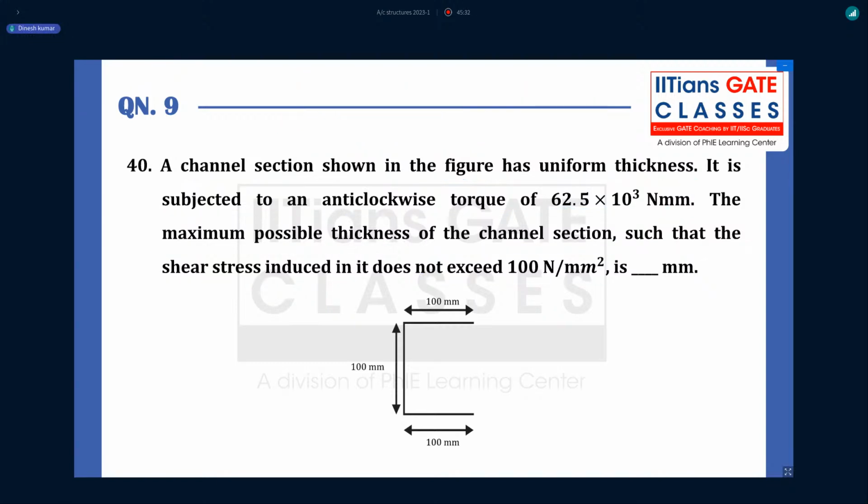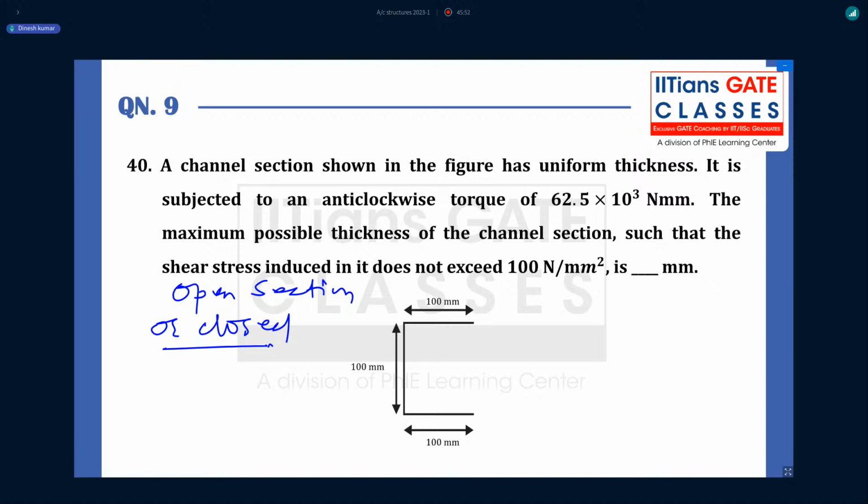So guys, is it an open section or closed section? If you see this section, it's an open section.